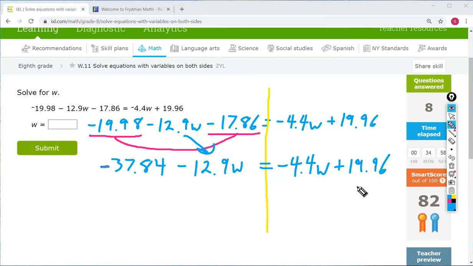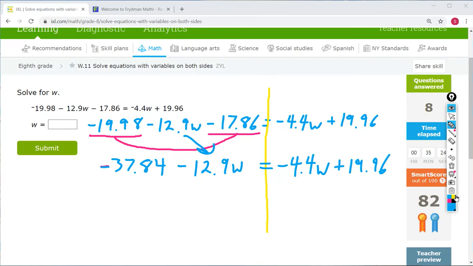All right, now I have a W on this side and I have a W on this side. So I need to get them to the same side. We can bring this one over here, or we can bring this one over here. Okay, so doesn't matter. When I say bring one over here, I don't mean to just erase it and write it on the other side. I mean to use inverse operations.